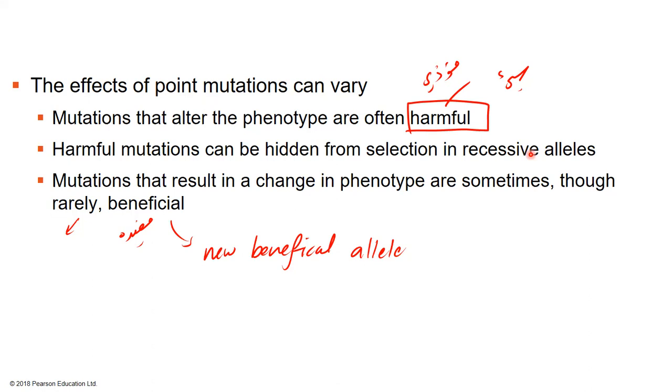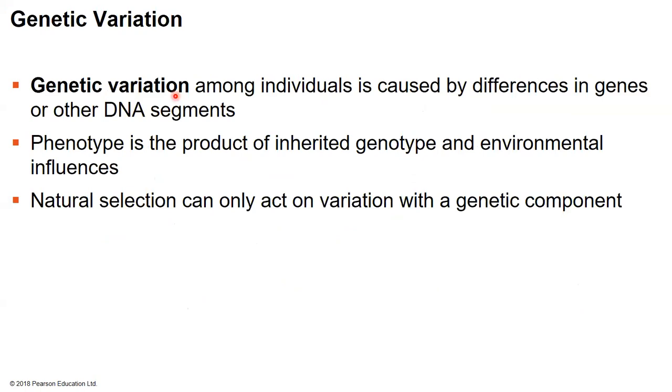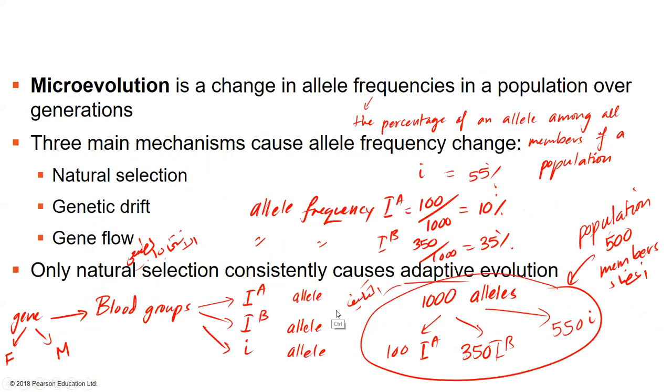Now you have to understand, all the alleles that are stably found in a population, if we go back to this population, say the three alleles responsible for blood groups, these alleles are found in a population. Natural selection already selected these alleles.